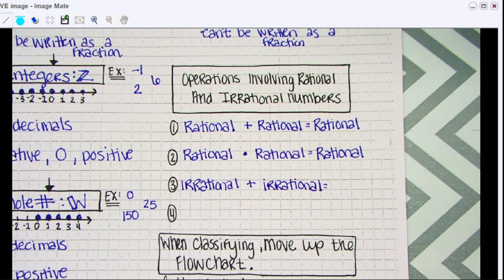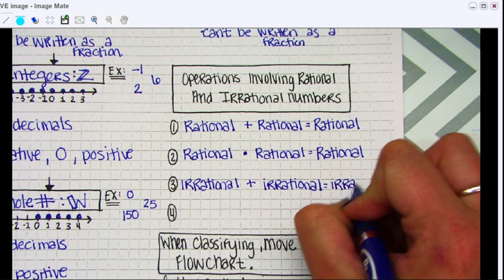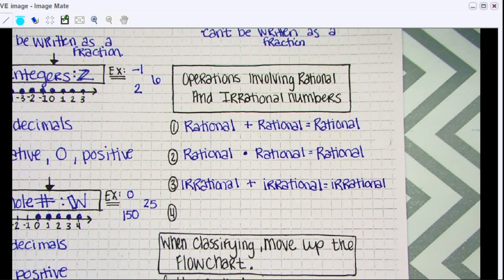If you add a decimal that never ends and never repeats to another decimal that never ends and never repeats, you're not going to magically get 2. Or like a whole number or a rational number. Once you throw irrational into the mix, you don't get back to rational unless they cancel out. Now, there are times when the problem does happen like that. But for the most part, if you're just adding 2 irrationals together, they're going to stay irrational.